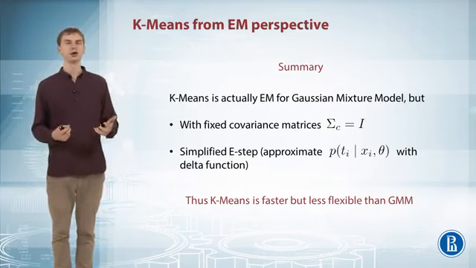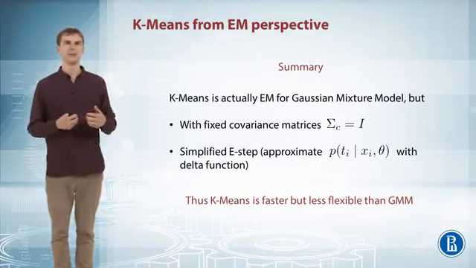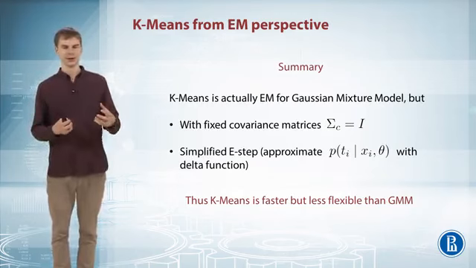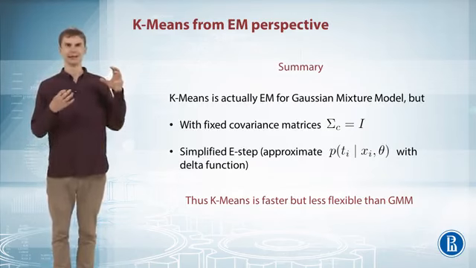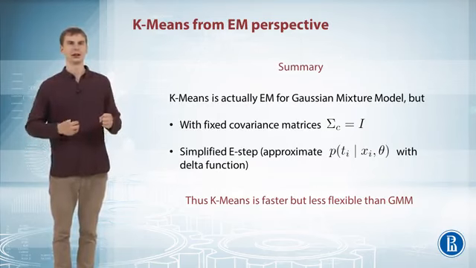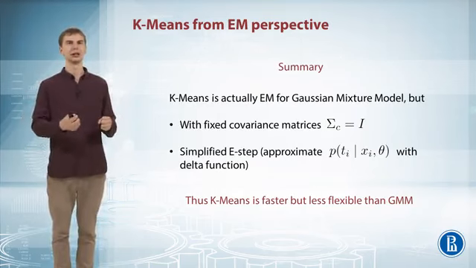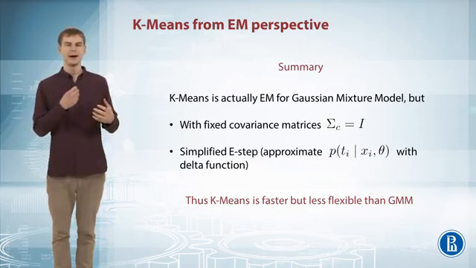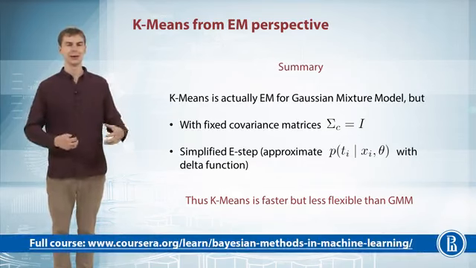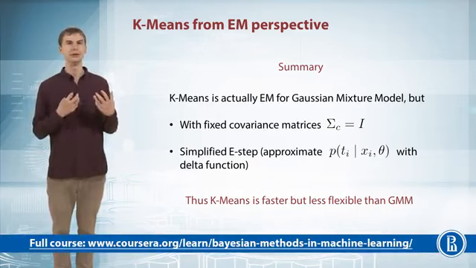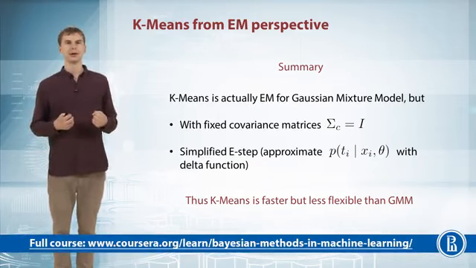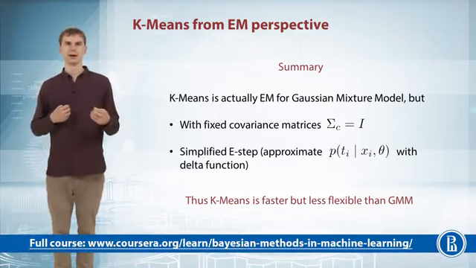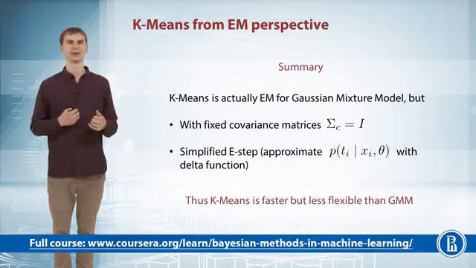For example, we can introduce missing data, and this way we can build a missing data k-means without heuristics like setting missing data to 0, but by just extending this restricted EM algorithm and handling this missing data naturally. And actually this kind of trick to simplify the E-step by considering a restricted set of distributions is strongly connected to something called variational inference, which we'll discuss in week 4.